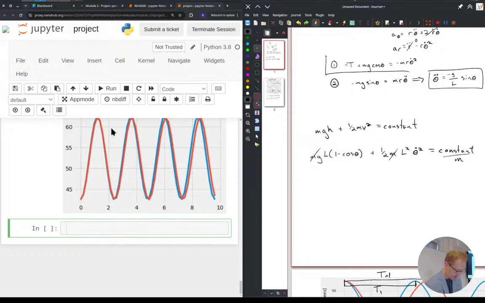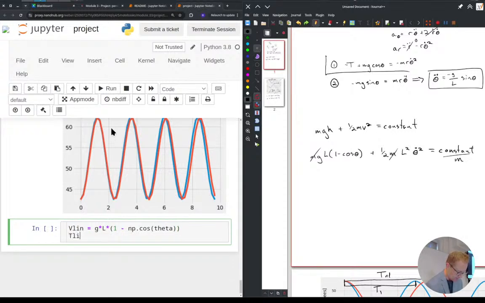So now I could say potential energy. I use V for potential energy. You could say PE is going to be G times L times 1 minus cosine of theta. Oh yeah, this is the linear, right?